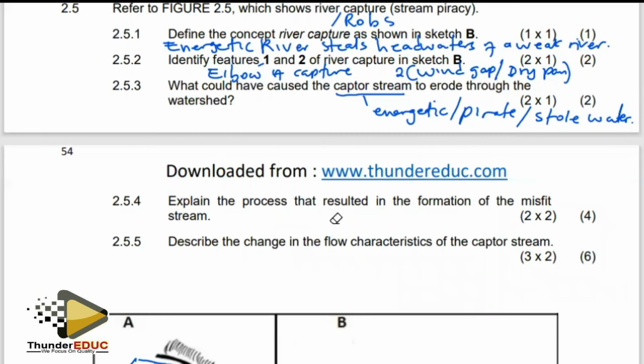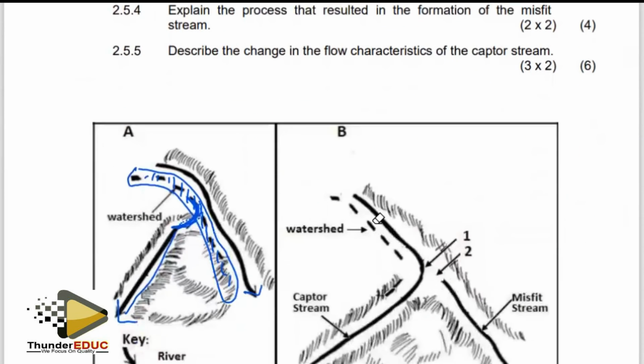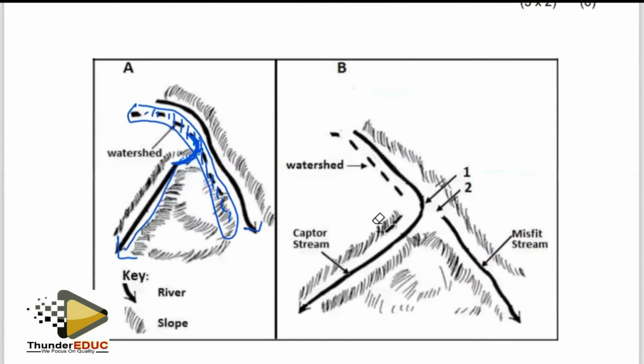2.5.4, explain the process that resulted in the formation of the misfit stream. Which one is a misfit stream? You can see this is our misfit stream here.